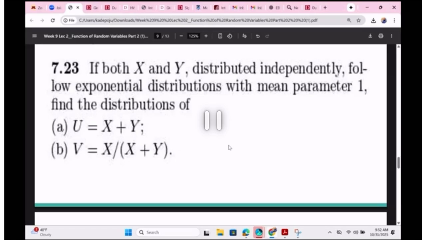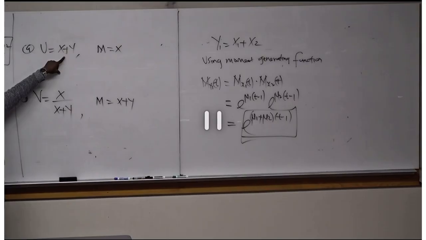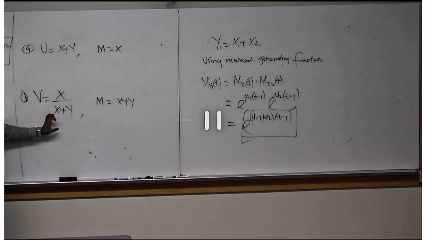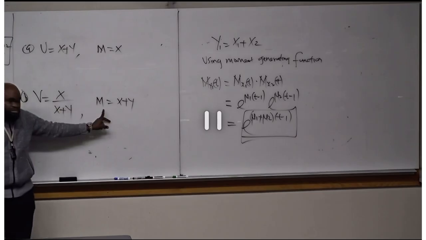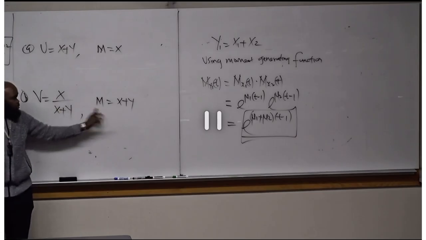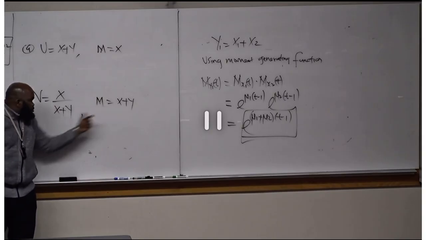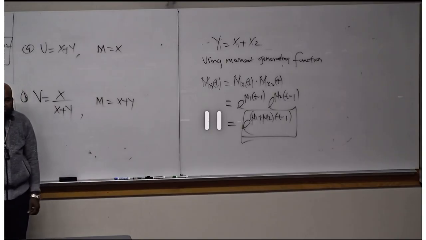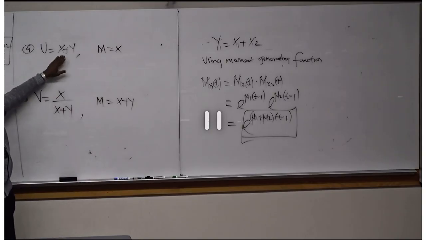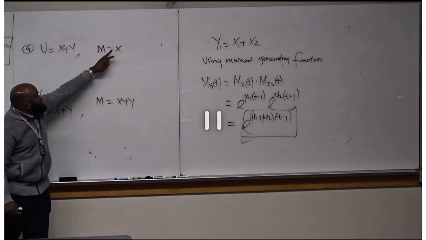There are situations where the method of moment generating function will be complicated, and the only one that may work is the method of transformation. To use the method of transformation, you need to create an artificial variable all the time. When you see something like this, the artificial variable will be the denominator. All the time, if you see something plus y or something minus y, the artificial variable is always going to be one of them.